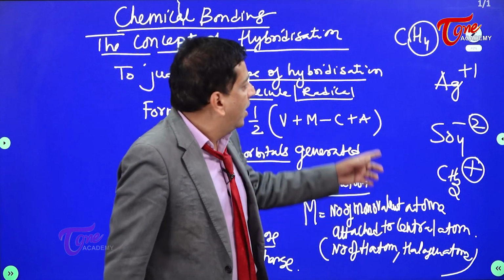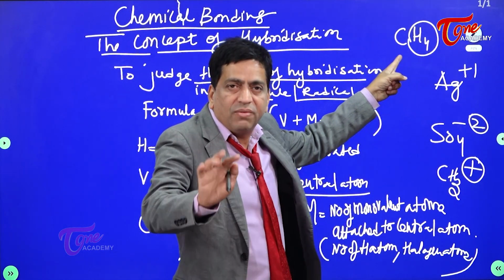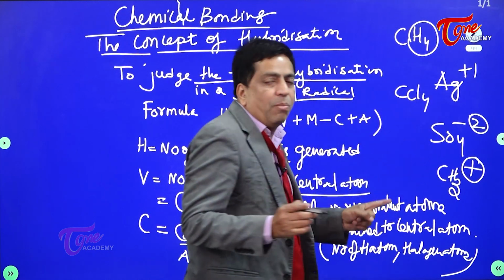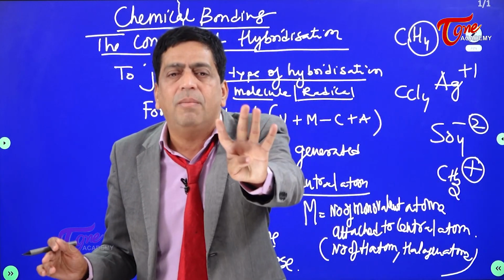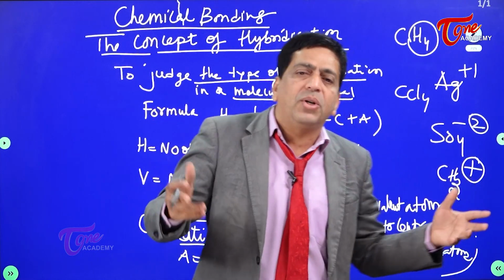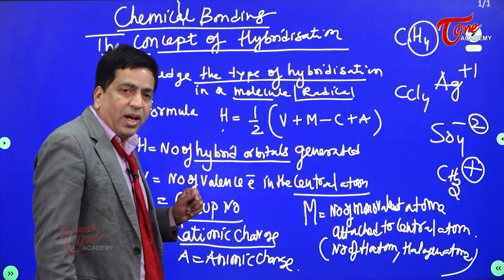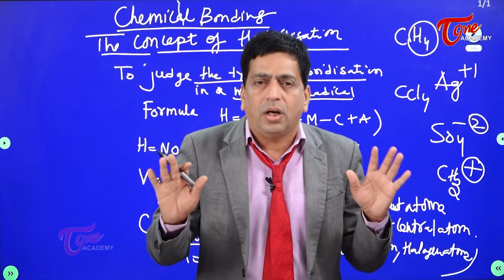For example, in methane, the monovalent atoms attached are hydrogens, which are 4. Suppose it is CCl4, the monovalent atoms attached to the carbon are halogen atoms, that is 4. So it all depends upon finding H. If you can know the value of H, then we can determine hybridization. Now the question is how?